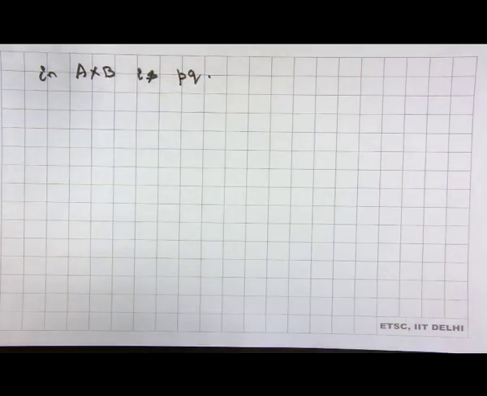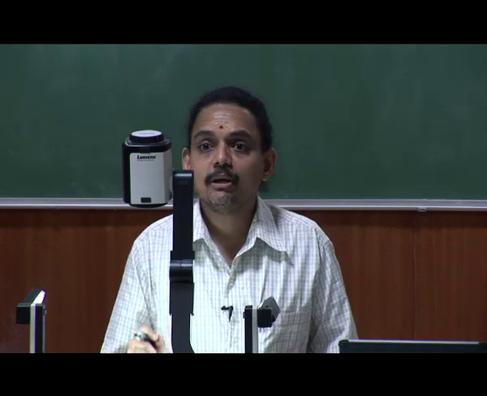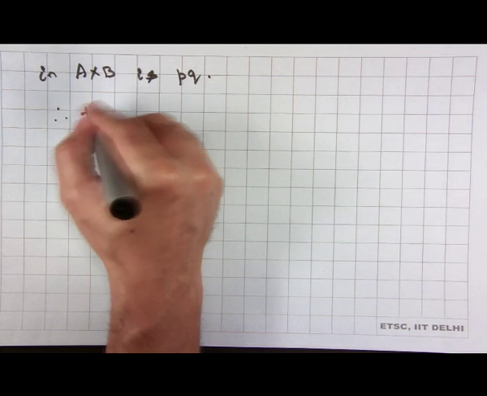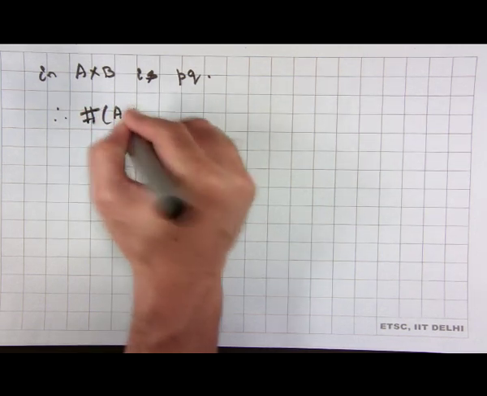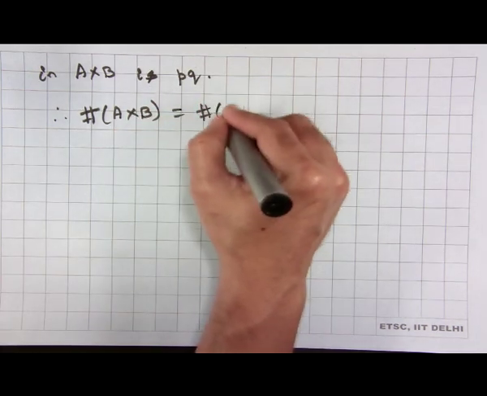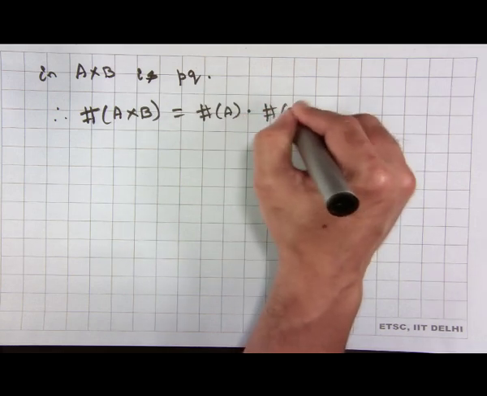So, the total number of elements in A cross B is the total number of elements of A times the total number of elements in B.